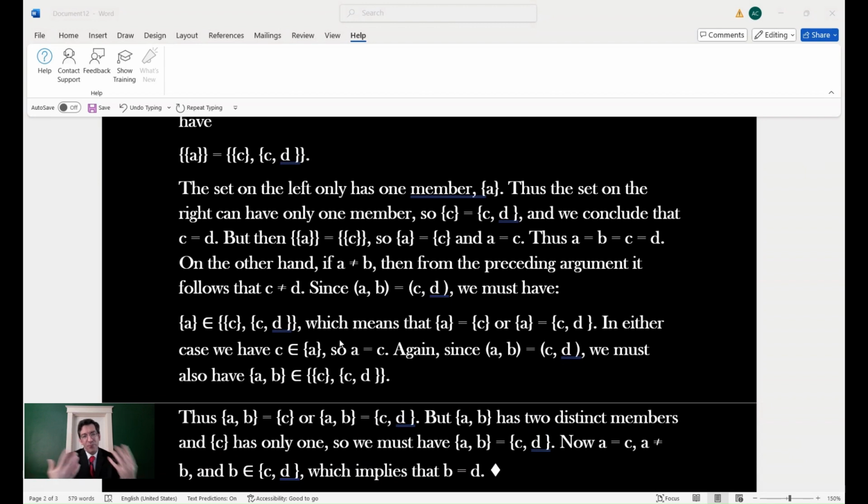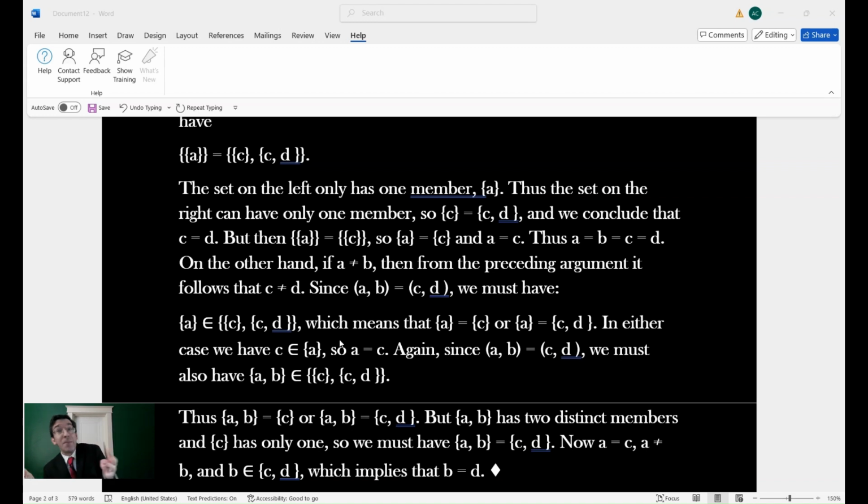But then we have symmetries here. You have to think of symmetries of the definition, right? If c does not equal d, well, remember our assumption is (a, b) equals (c, d). So it has to be that {a} belongs to the right-hand set, meaning that {a} equals {c}, or {a} equals {c, d}.